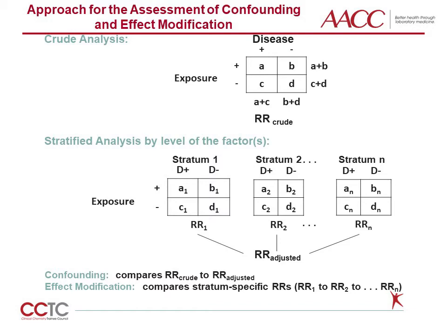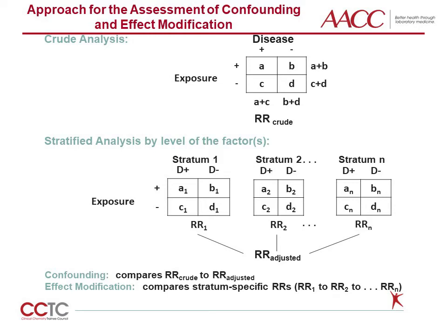So you take those unconfounded estimates, you statistically put them back together again using a Mantel-Haenszel technique, and you now get a relative risk adjusted for that confounding factor. It's as if the two groups of exposed and non-exposed people had the same distribution of this confounding factor.